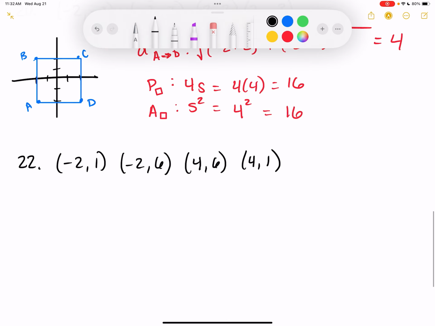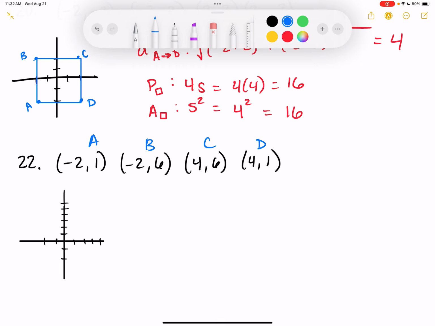So I'm going to start out, again, graphing these so that I can visualize it. And I'm going to call these again in order A, B, C, D.